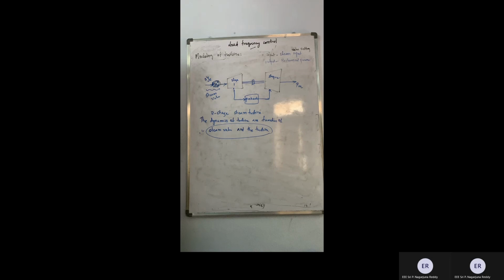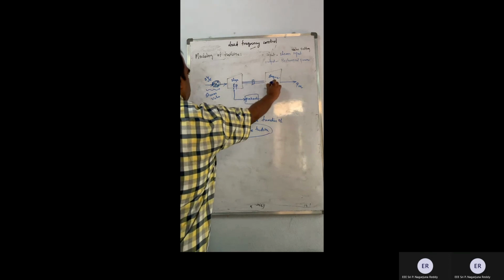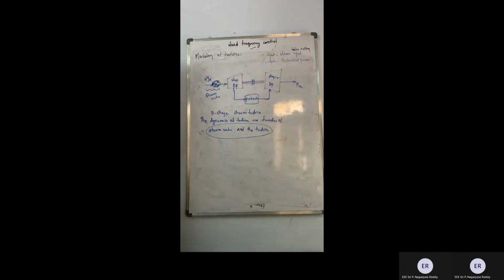Now the second one is the preheater. If you carefully see, I have considered a two-stage turbine. Normally, you can consider a single-stage turbine also. What is the function of a preheater? Preheater is just like a storage element.